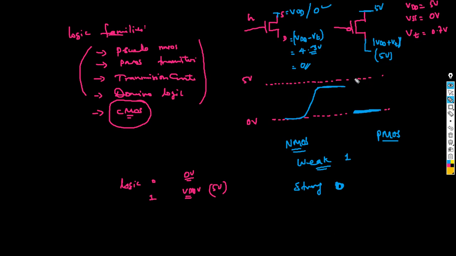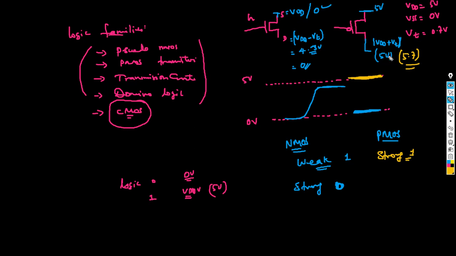Your VDD is going to give you always the complete logic one level. Here it is minus VT and there it is plus VT, so it would be 5.7, but it cannot go beyond 5, so 5 is the max. This is called strong 1.